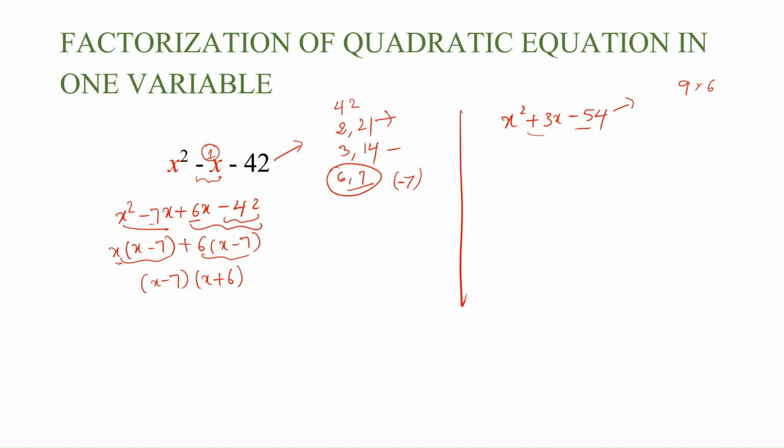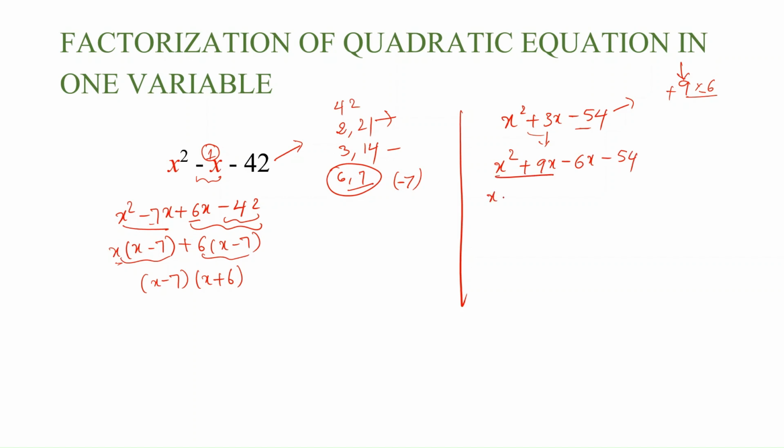There are so many other factors, but we are choosing these because when we subtract these two factors, it gives 3 as a value. So here the middle term has a positive sign. So for this higher factor, we will use positive, and for 6, we will use negative. This means the splitting can be done as x square plus 9x minus 6x minus 54.